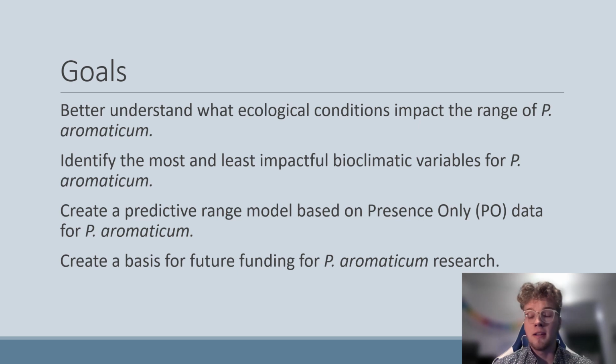It would allow us to identify the most impactful variables, specifically those climate variables. It would allow us to create a predictive range model based on presence-only data, and this would allow us to do things like prospecting in the future, which could be really useful for identifying undocumented populations and better understanding its range in the future.